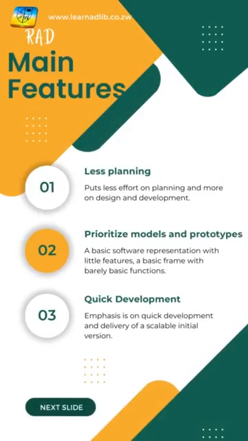So look at the main features of a rapid application development process. People will do less planning, and then they make more effort on the design and development. They prioritize models and prototypes, to mean that in the early stages, analysis is very little.